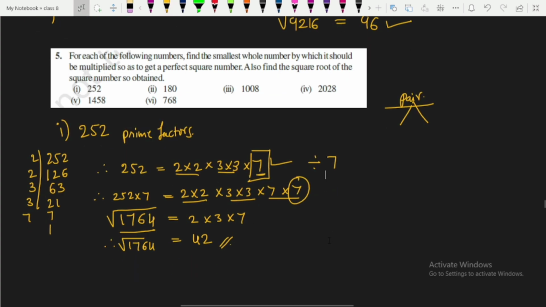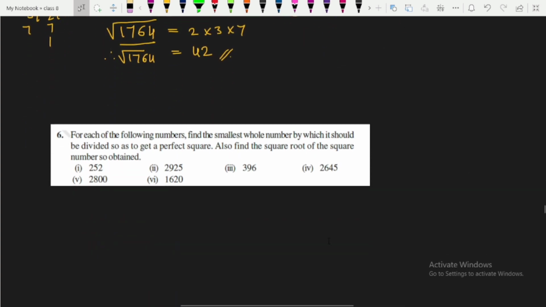So we'll see one more sum regarding that question, same question number 6. Here they are asking which number we have to divide, right? So we'll take 396. Question number 3: which number do we have to divide? So for 396, we have to find its prime factors first.